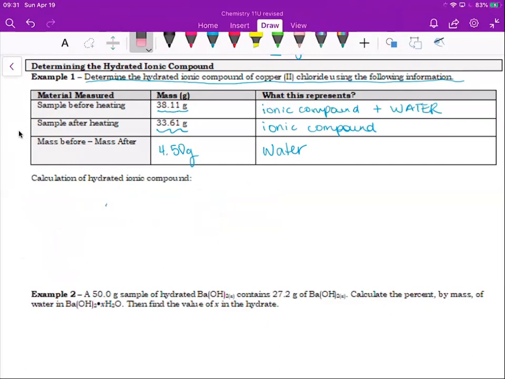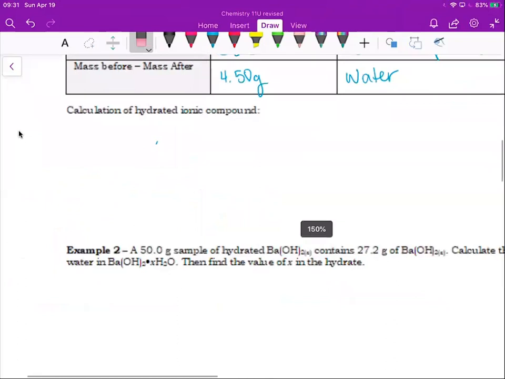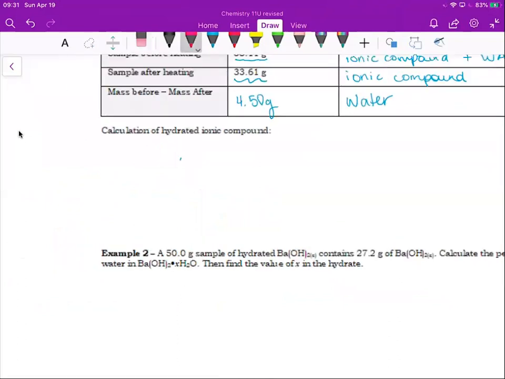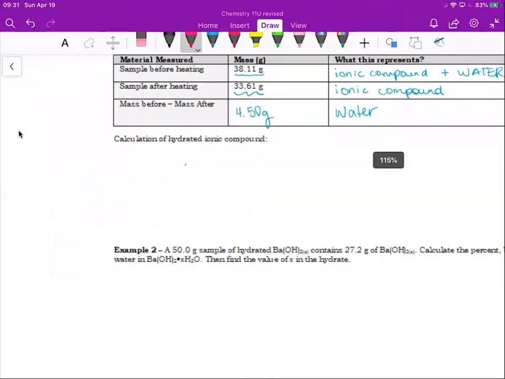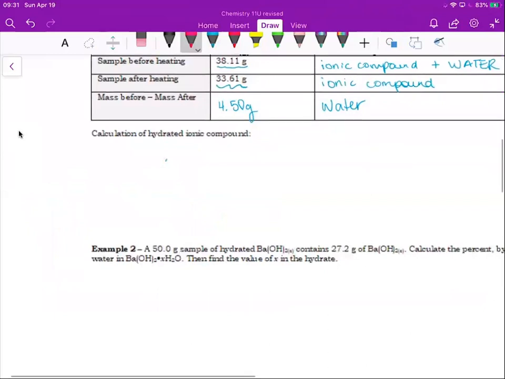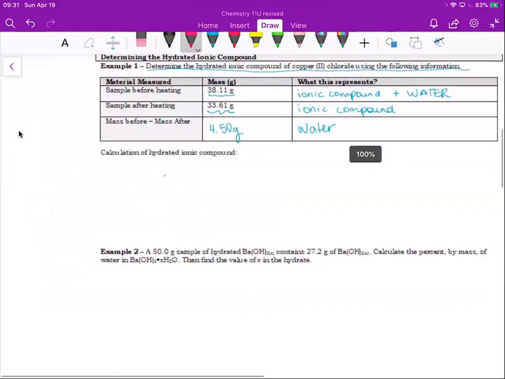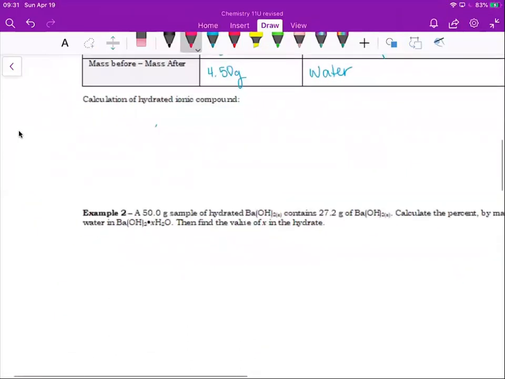And let's calculate. What color do I want? Pink. I know what my formula is. It's copper 2 chloride, and I have water. Now, when I calculate the hydrates, I set them up a little bit differently.